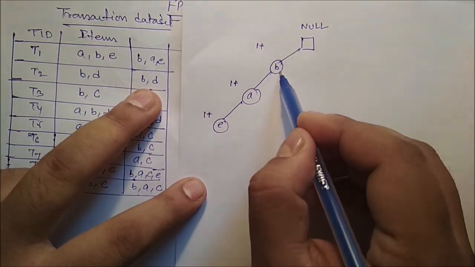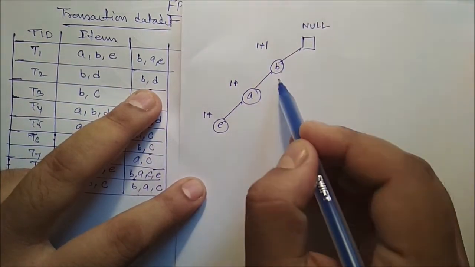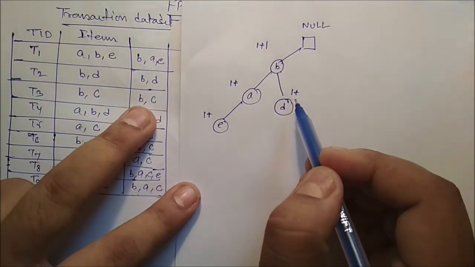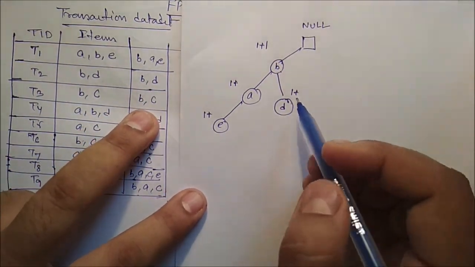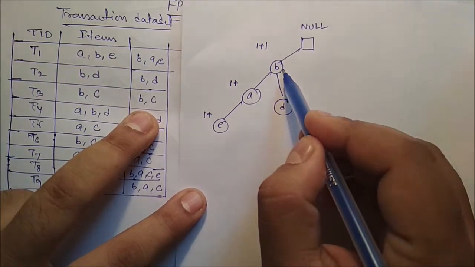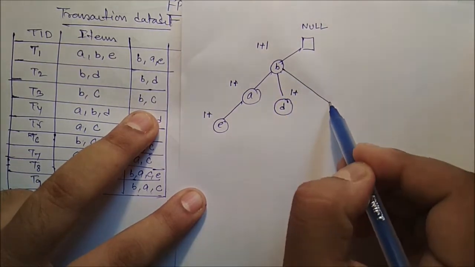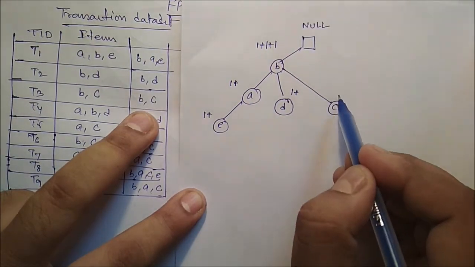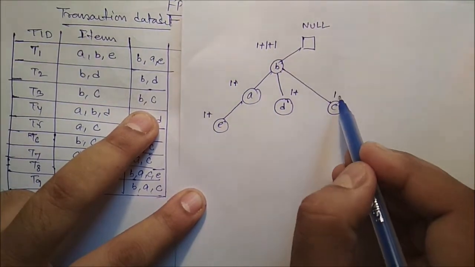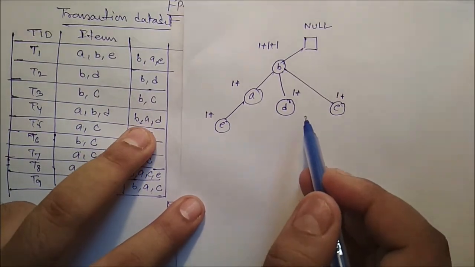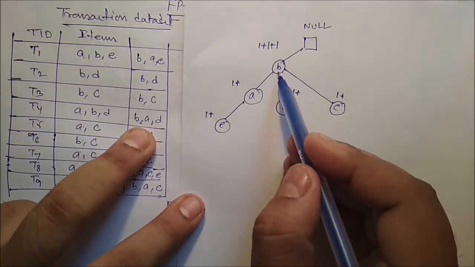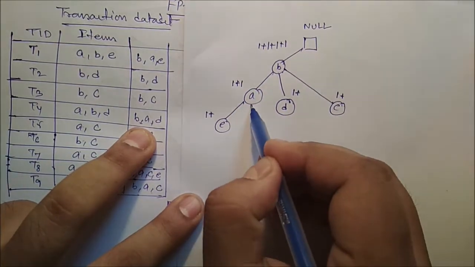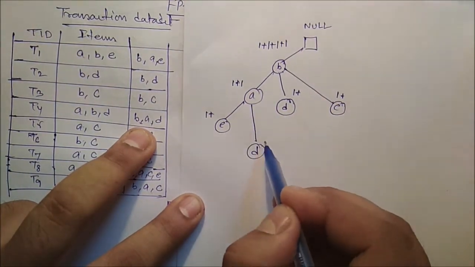Starting from B, count 1, then D. Then BC. So how to construct BC? B, and there must be another branch, so B and C. Then BAD. Starting from B, A, then D as another branch.